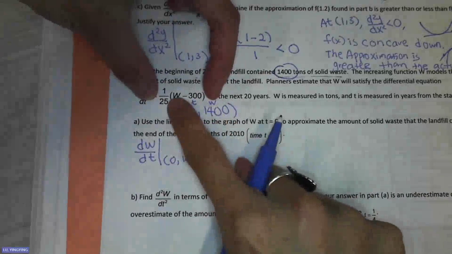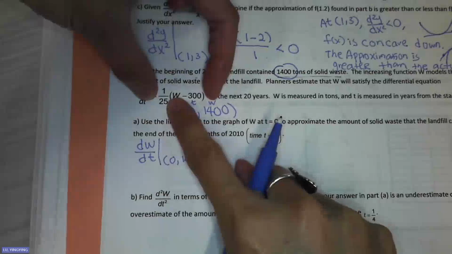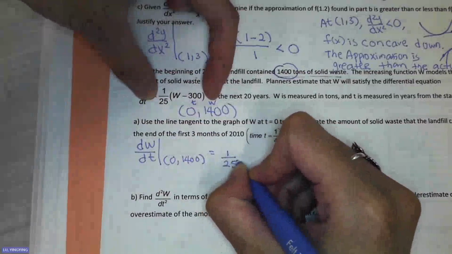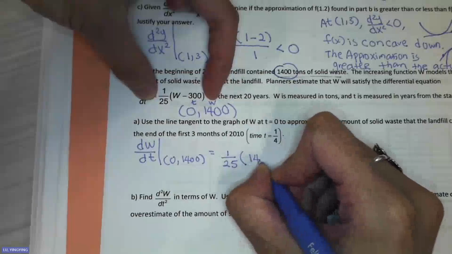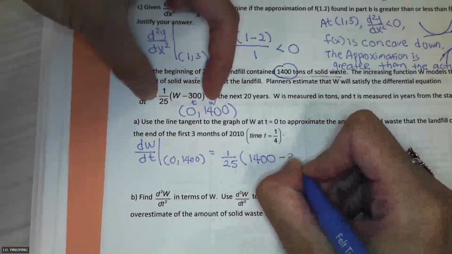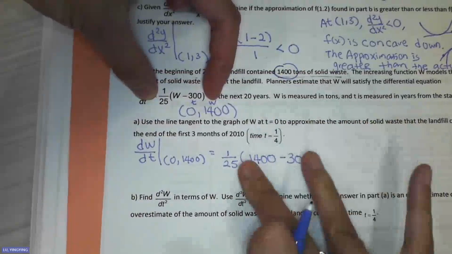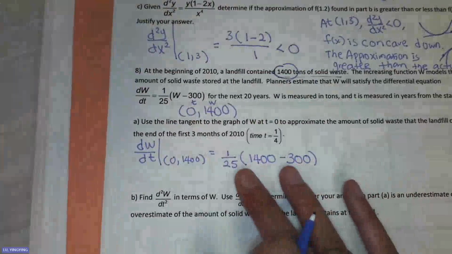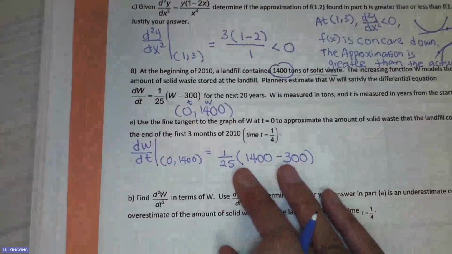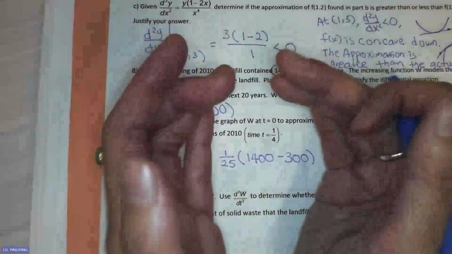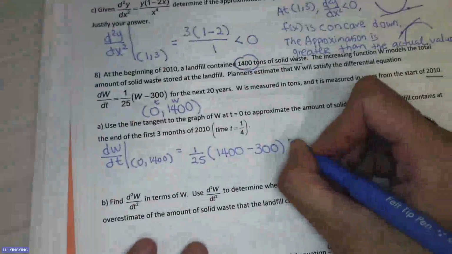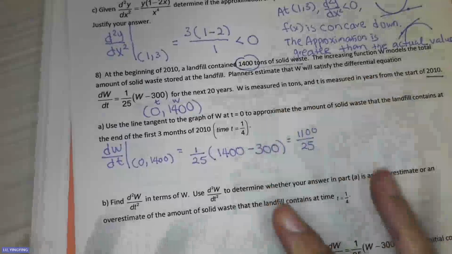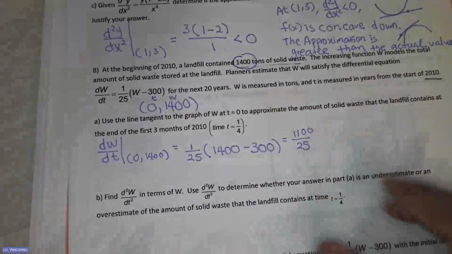So all you need to do is plug in 1,400 for W. And then you can do, again, safe stop: 1,400 minus 300. That will be our safe stop if you want to stop here. But I'm going to write it a little bit better because we need that for the equation of the tangent line. So don't do too safe a stop, okay? I'm going to write 1,100 over 25. Whatever that is, I don't care. But that's the slope, okay?